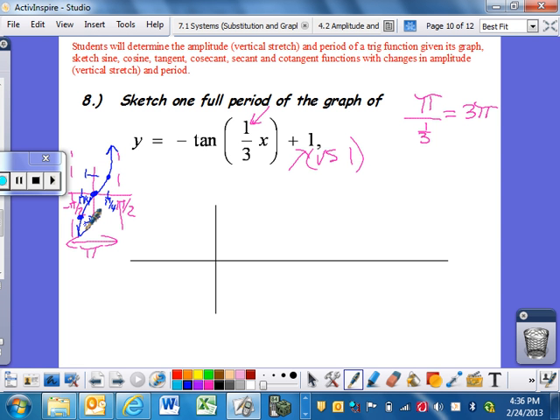How is all of this going to be affected? Well, first of all, in this case I might actually do the vertical shift last, just because this is very difficult. My period is 3 pi, but what does that mean for my asymptotes? They just stretch out 3 times as far. So if it originally was pi/2, I need to go 3 times farther, which is 3 pi/2 and -3 pi/2.